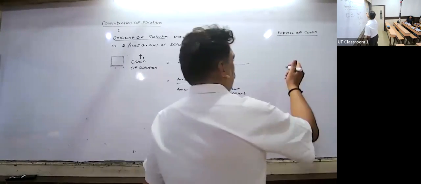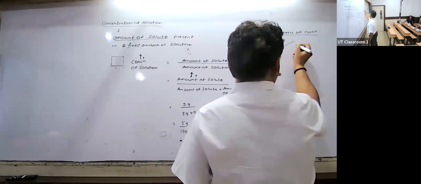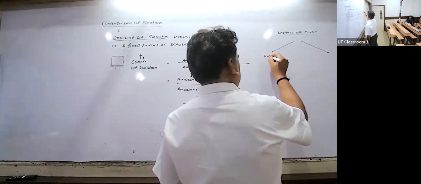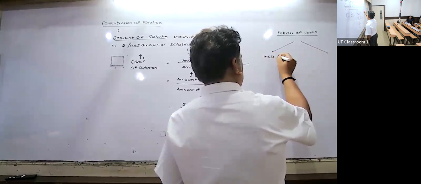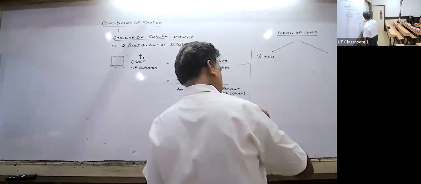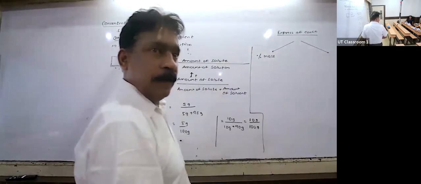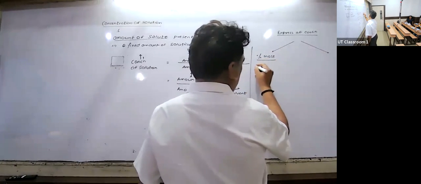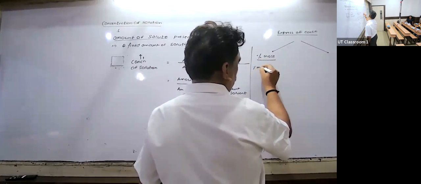The first way of expressing the concentration is what? Mass percentage. Yeah, percentage mass, mass percentage. Well, don't write anything, listen to it. What is percentage mass? Percentage mass means what?